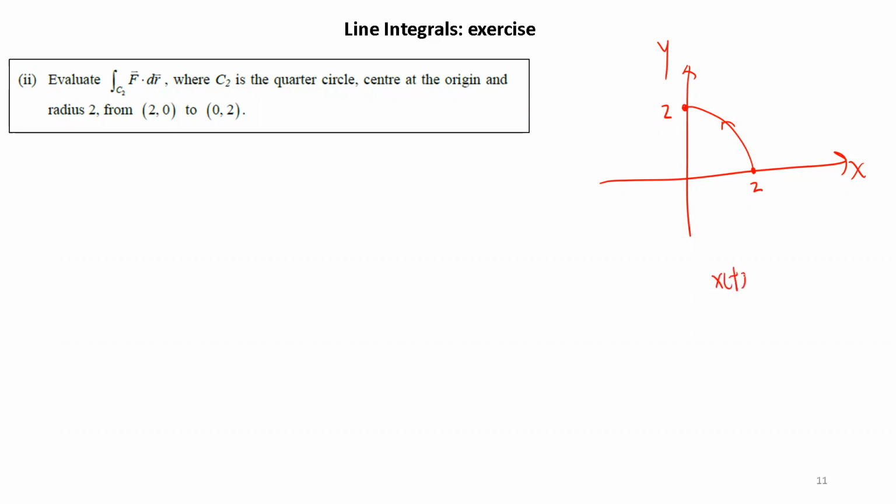So x would be something like this. But here you don't go the full circle, you just go a quarter of the circle, from here to here. So that means when you set the t, you need to just go from 0 to pi over 2.